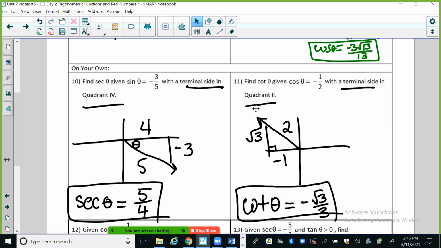So if you did not do Pythagorean theorem, you just knew that side was square root of 3, that's absolutely fine. Or you could have done Pythagorean theorem to get that side to be square root 3. Either way, and remember cotangent is adjacent over opposite, so we had to rationalize our answer here. Any questions over number 11?